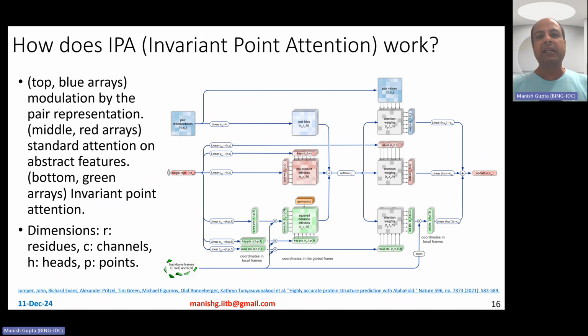Okay. So that's basically invariant point attention, as it is called. Essentially, it doesn't make use of information from other MSAs because it just makes use of the single representation, therefore point attention. But at the same time, it makes use of templates via pair representation.